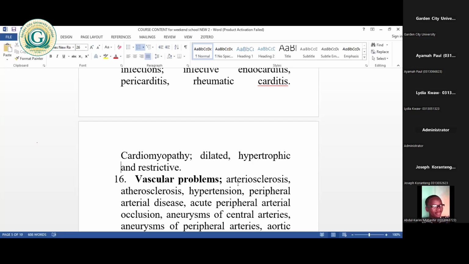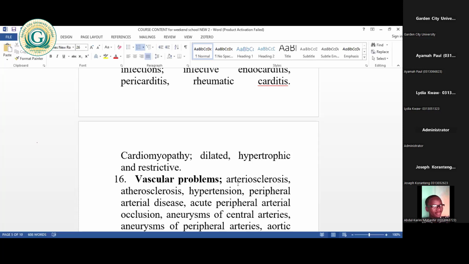So here, vascular problems, we look at atherosclerosis, hypertension, peripheral arterial diseases, acute peripheral arterial occlusion.